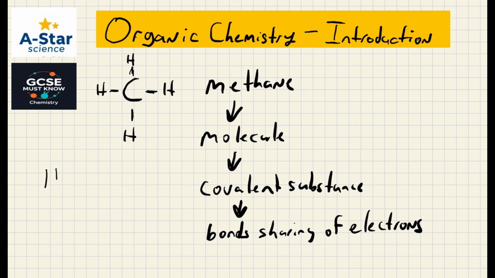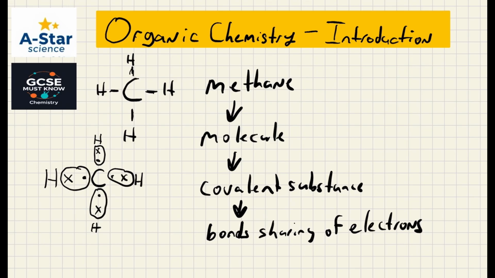Hydrogen has 1 electron, carbon will have another electron, and they will end up sharing that 4 different times around the molecule. And that's something that we call dot and cross drawings for drawing covalent bonding.